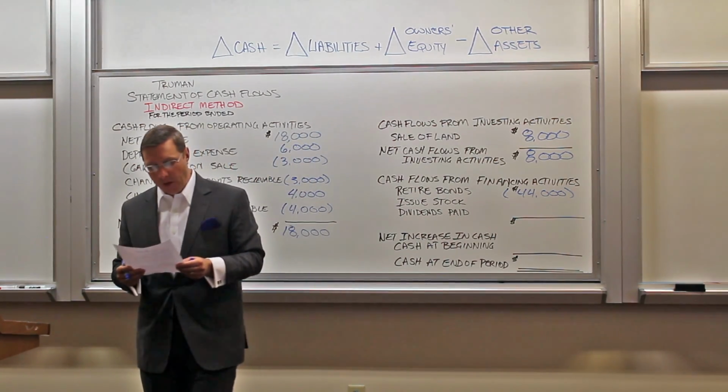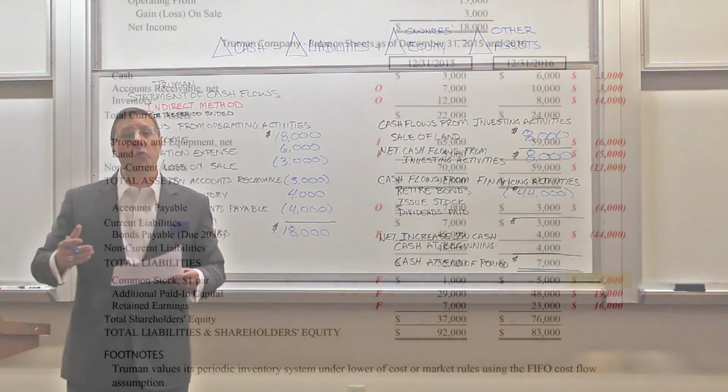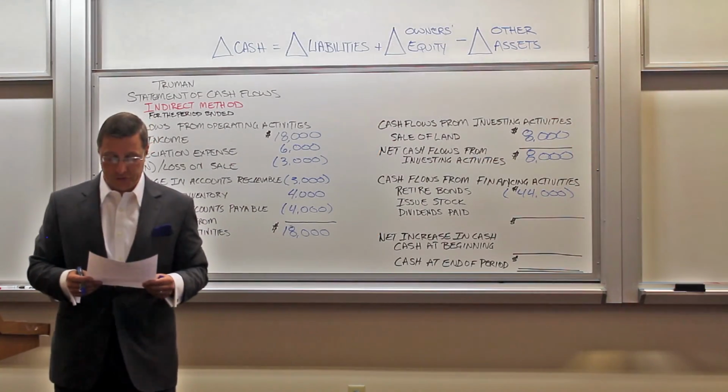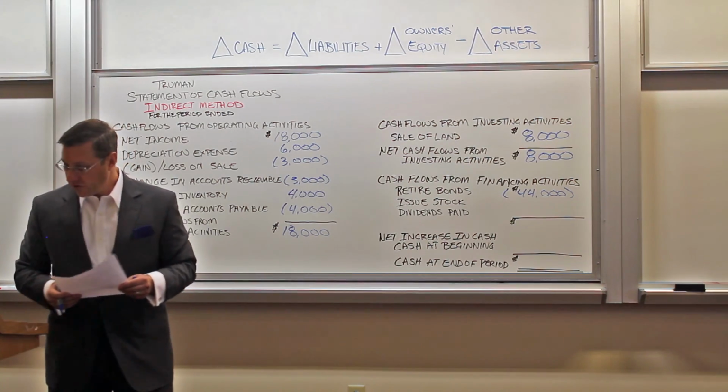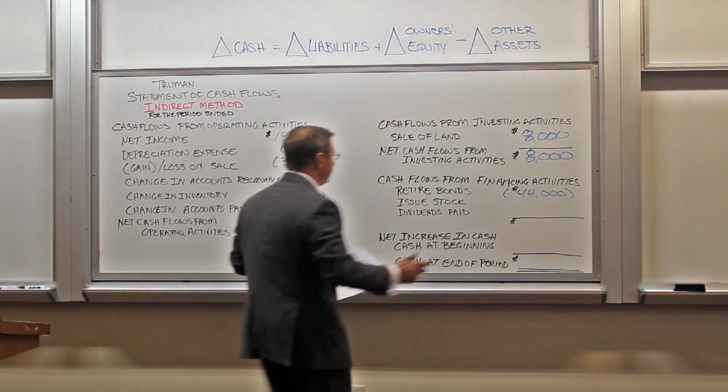At the same time, we issued common stock. This is evidenced through the common stock line on our balance sheets, plus the additional paid in capital. For our purposes as financial analysts, we put those two together. The total change there was an issuance of $23,000.